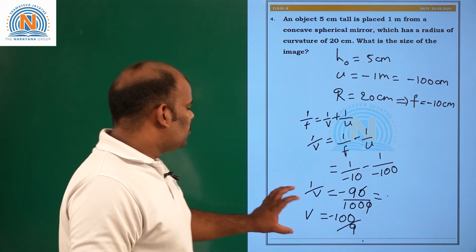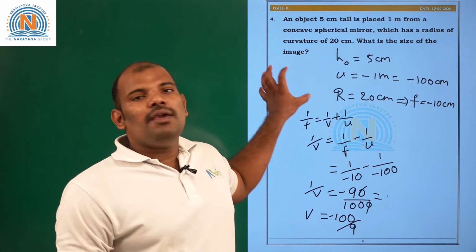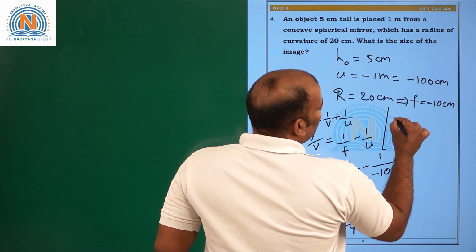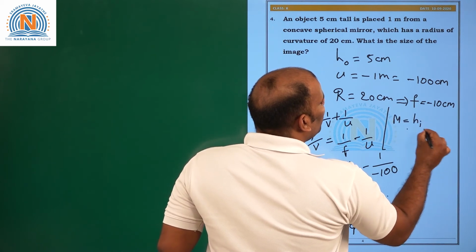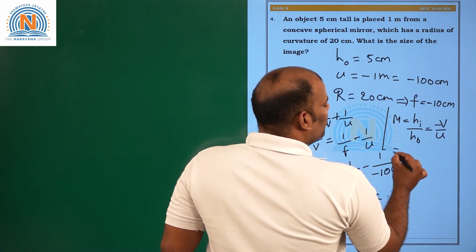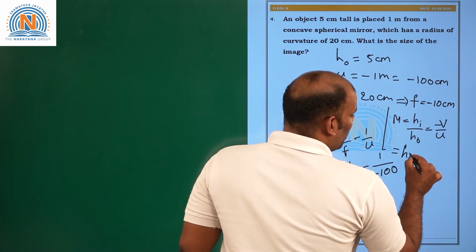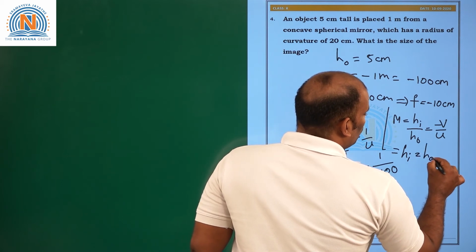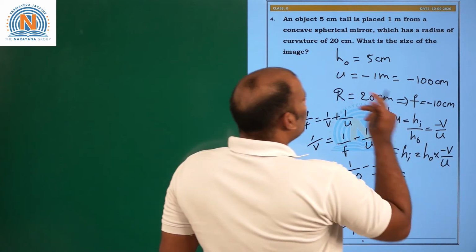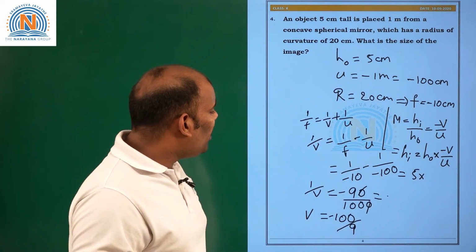So now you know image distance. Now we can find size of the image. So HI. What is the formula for magnification? M is equal to HI over HO is equal to minus V over U. HI, you don't know, which we are going to find. So HI is equal to HO into minus V over U. You know the value of HO, that is 5 into, what is the value of V?